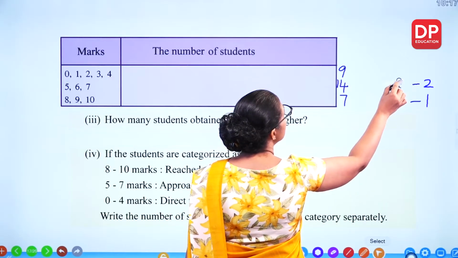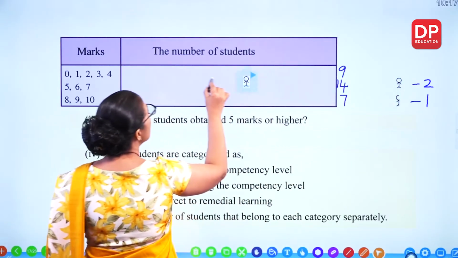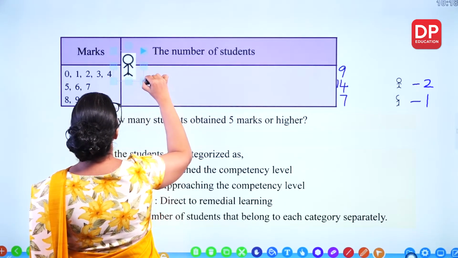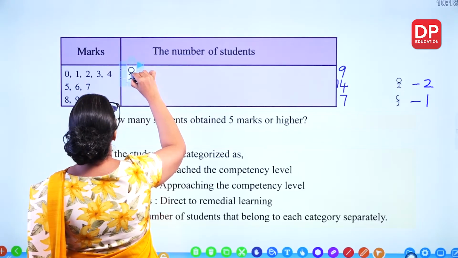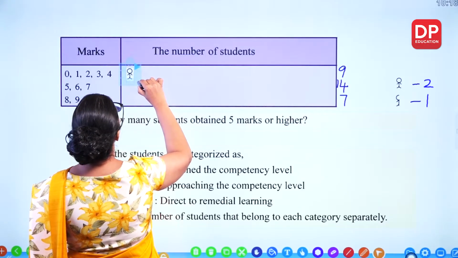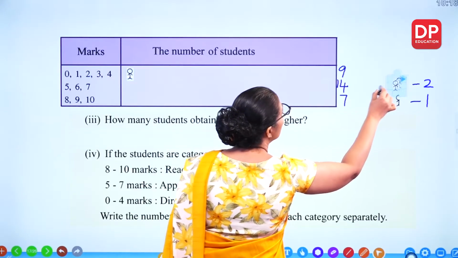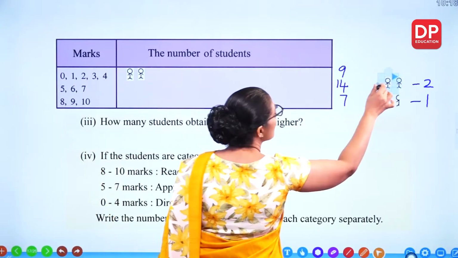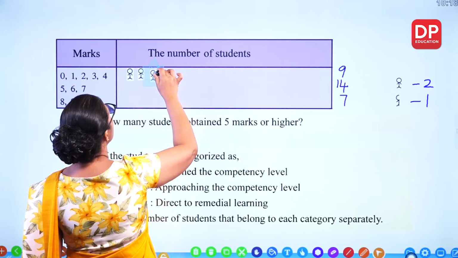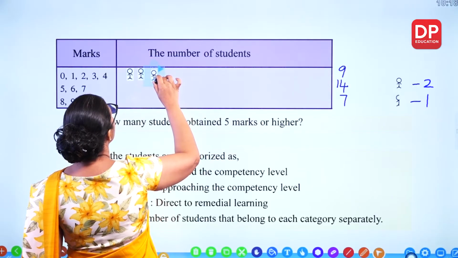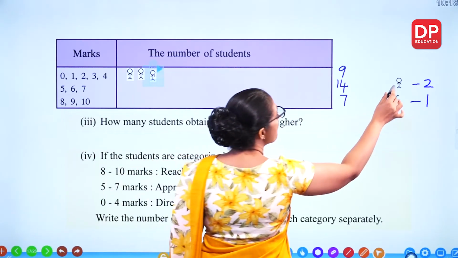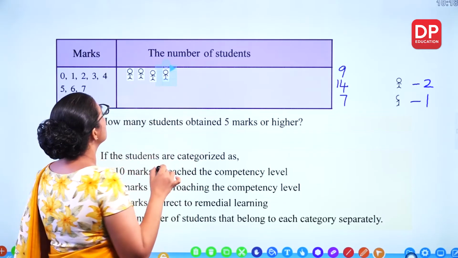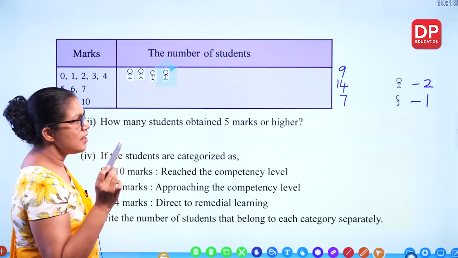We'll take 4 of this. 1, 2, 3, 4, that's 8. 2 times 4, 8, and we need half of this.